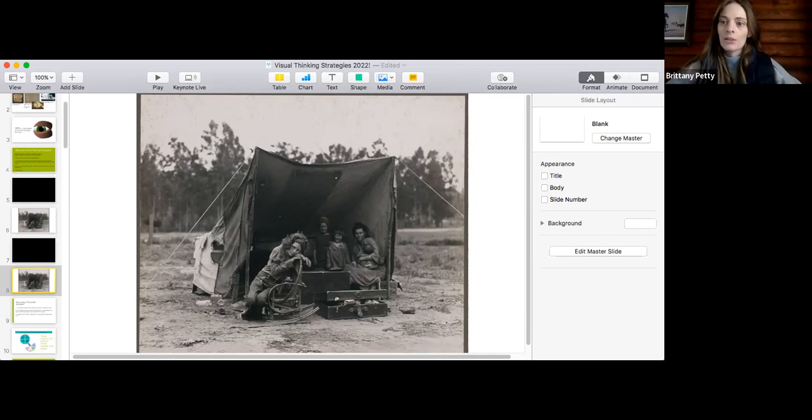But back to what I mentioned, right? When you look at this image, what's going on? If you really think about it, they are posing in some way, right? They are looking at a camera, and Dorothea Lange is behind that camera.